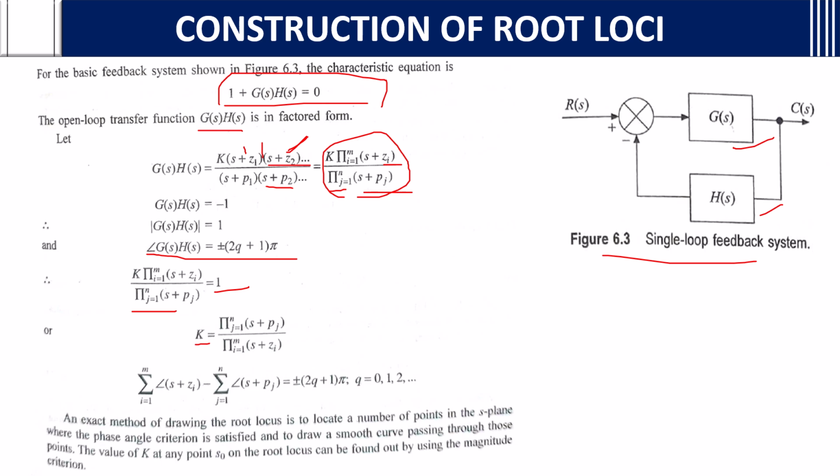So K will be equal to the product of (s plus poles) in the numerator and zeros in the denominator; it just goes to this side. So the K value you can find like this.